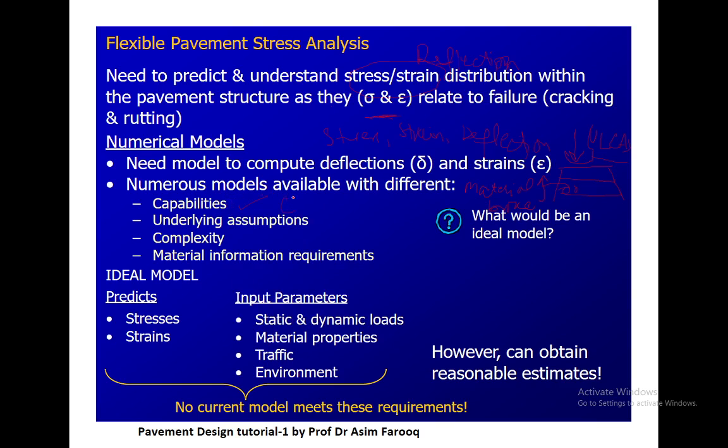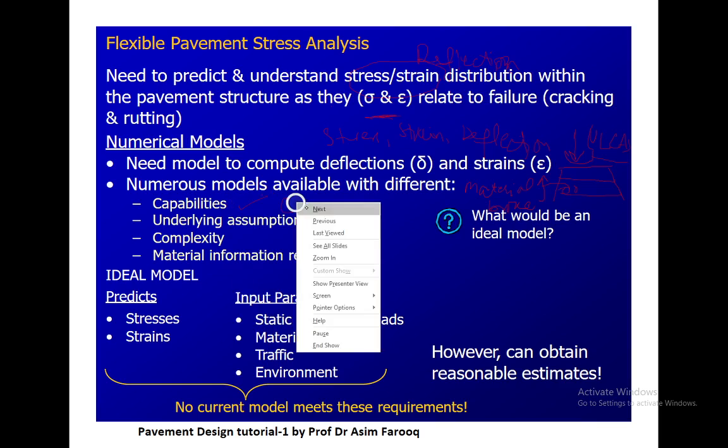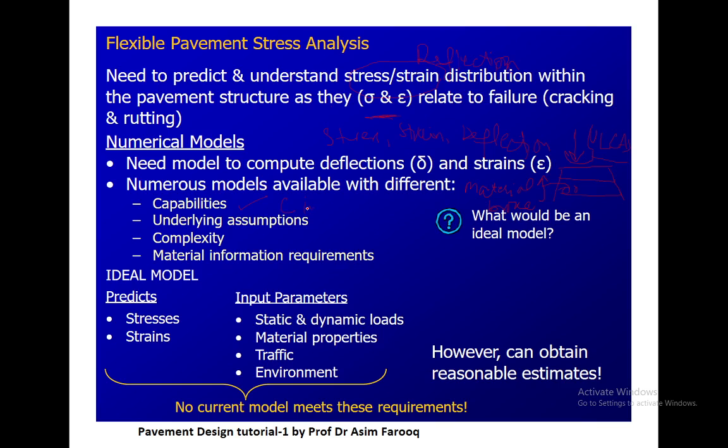Capabilities means that one is quite unique for determining the deflection, but has some issues with strain because of the limitation of its confined strategy. The second important thing which plays a very important role in analysis is the assumption which we consider below the surface.